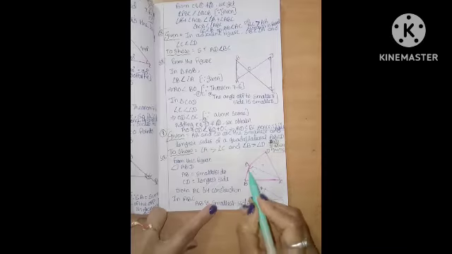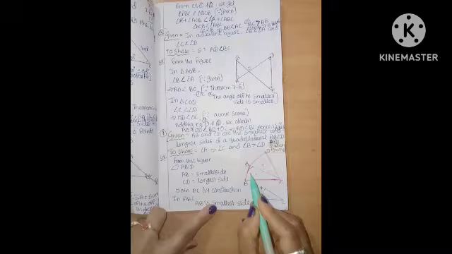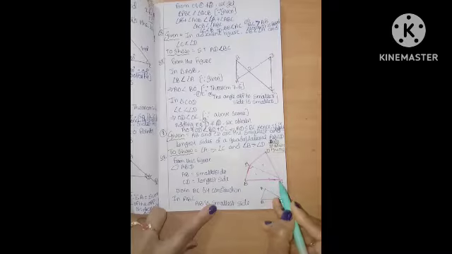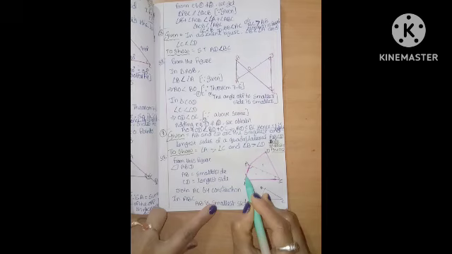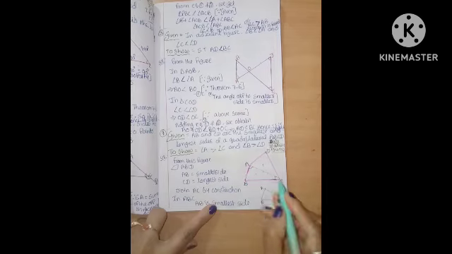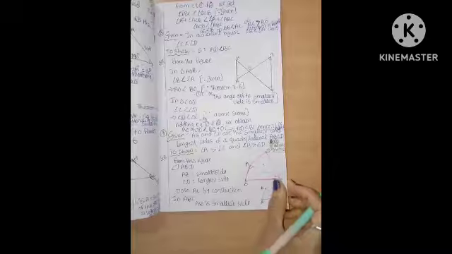And next, the AB side: the angle opposite the smallest side is smaller.